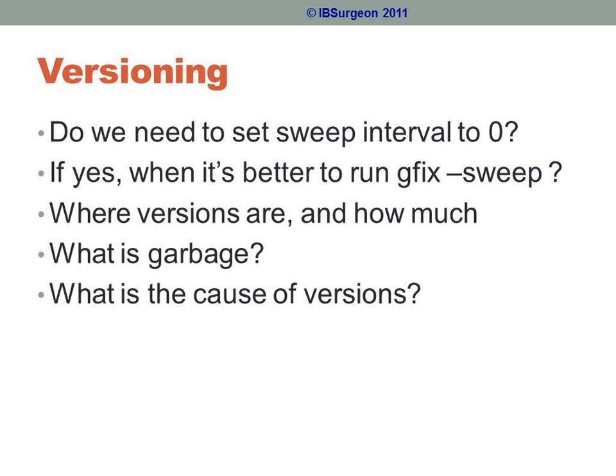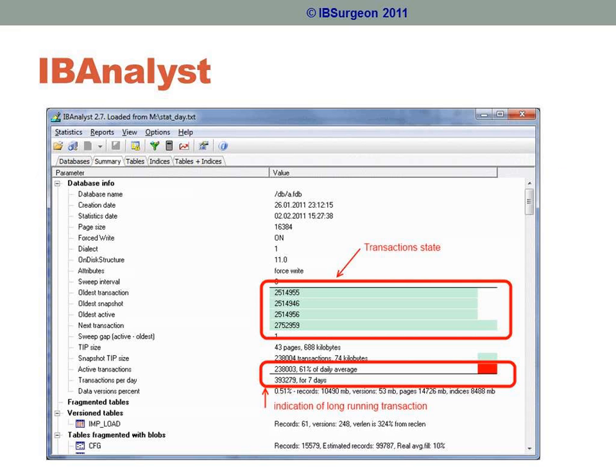But this is really technical details, and we can use the IB Analyst tool to view these situations. At first, I need to say that it has a bit different picture about transaction state, because when you take statistics, you can use gstat -a -r, you will have a huge text file, which is better to analyze with some tool.